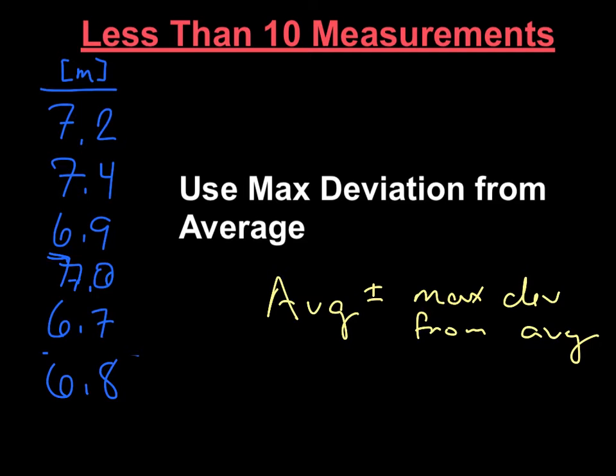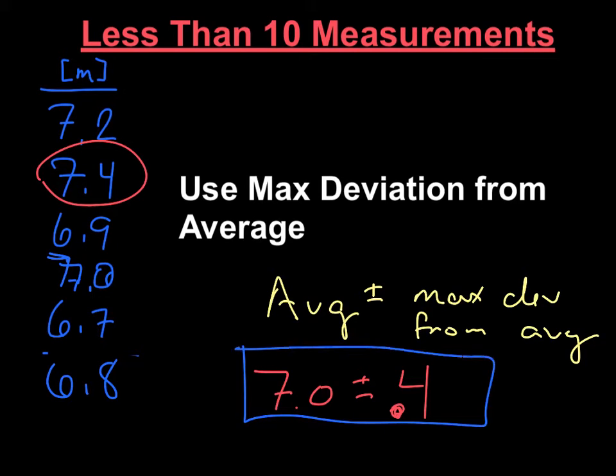If we average these numbers, the average comes out to be 7.0 plus or minus, well, let's see which one's farthest from the average. If the average is 7.0, looks like it's this one right here, which is 0.4. So I need a decimal point there. When you're reporting this number, you would report it as 7.0 plus or minus 0.4.